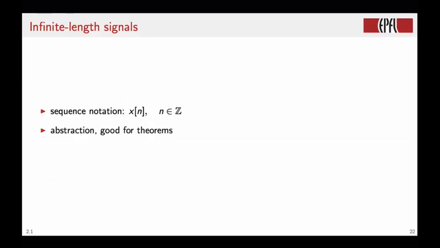This is very good for abstraction, for theorems, for analysis, using Fourier analysis, for example, Z transforms that we'll see later. But of course, in real life, unfortunately, nothing lives from -infinity to +infinity. That depends a little bit on your beliefs, but if you believe in Big Bangs, then it started at some point, and if you're not certain about reincarnation, it will stop at some point. So the sequence notation is really a mathematical abstraction.